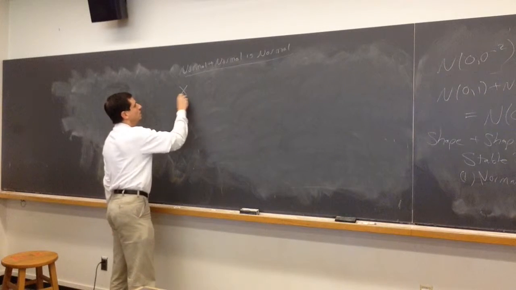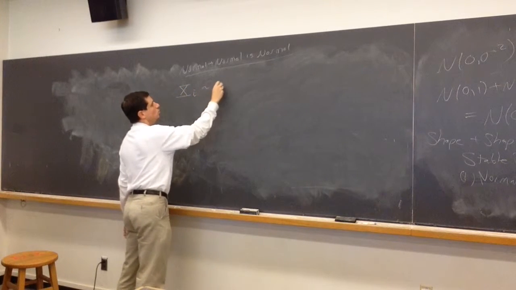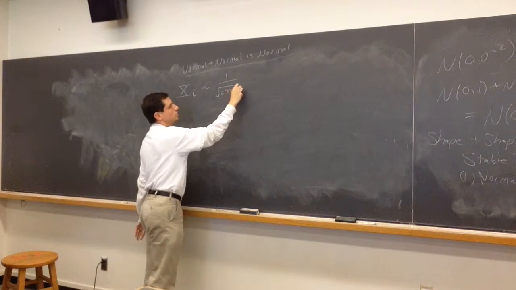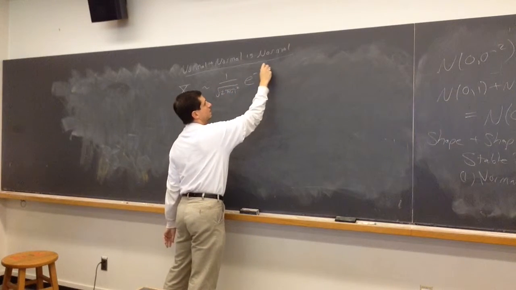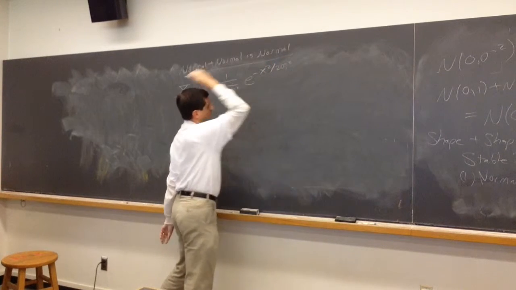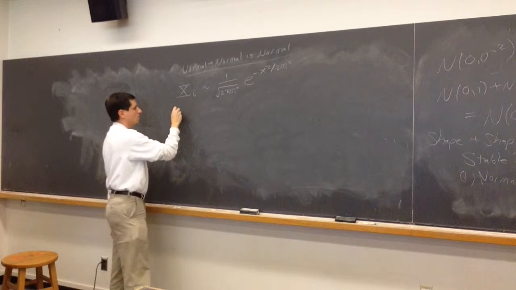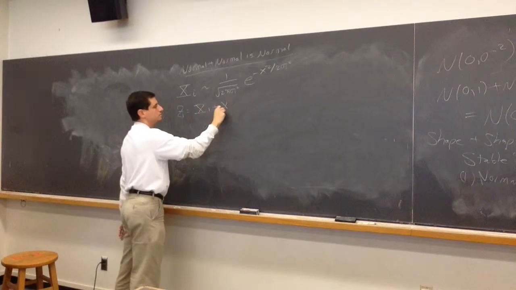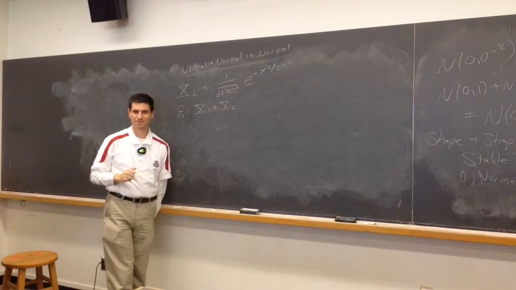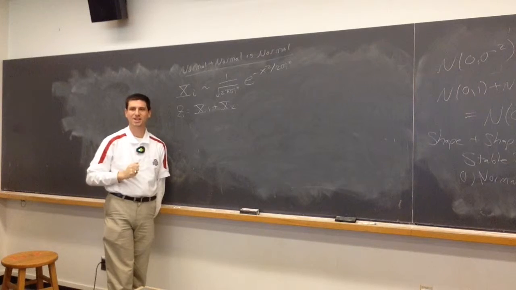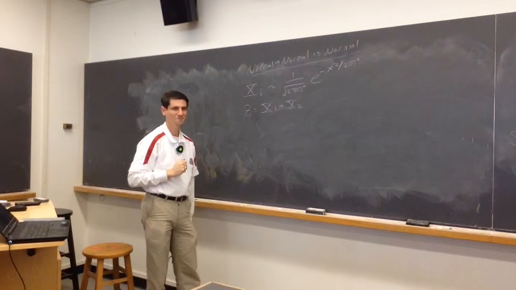All right, so the density of Xi will be 1 over the square root of 2 pi sigma i squared, e to the negative x squared over 2 sigma i squared. Let's let Z be X1 plus X2. And for those of you who do not like the algebra that follows, you should have spoken louder and first. Okay?